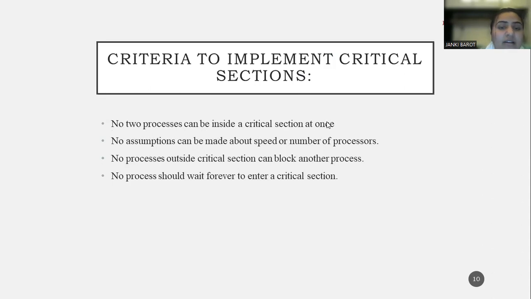At a time, only one process will be allowed. No assumptions can be made about speed or number of processes, right? If more processes are there, we can't allow any process based on its speed, based on its task speed.